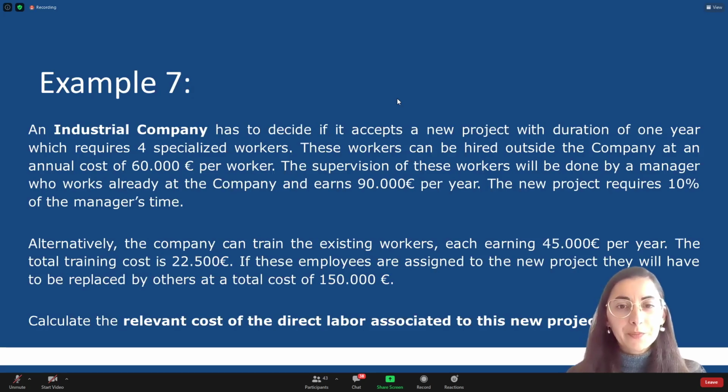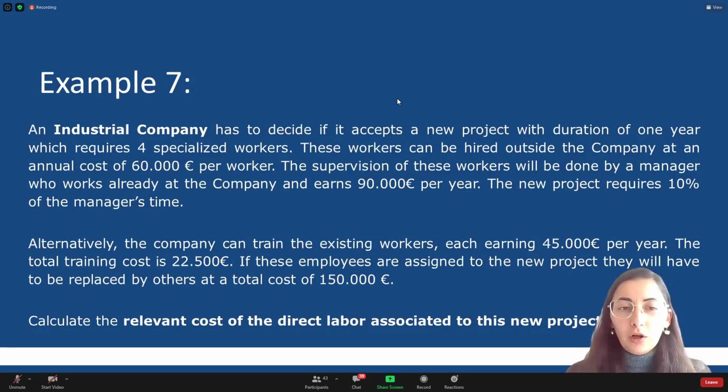Sorry, I don't know. So what is the cost if they subcontract the specialized workers? 240. So it will be 4 specialized workers, so 4 times 60,000, 240,000.